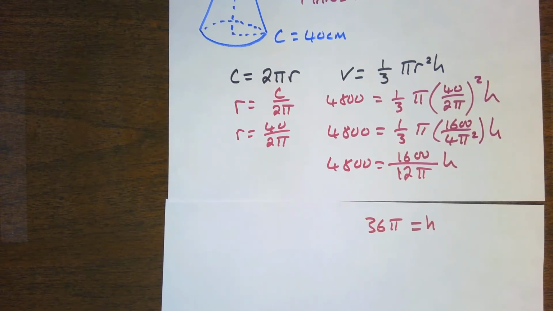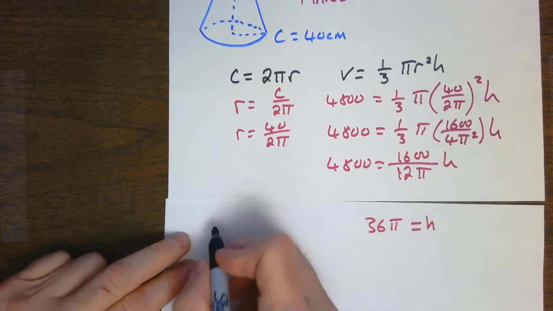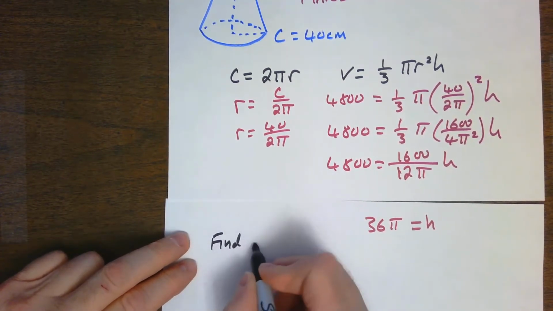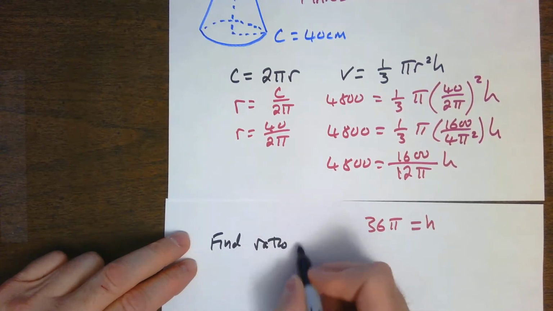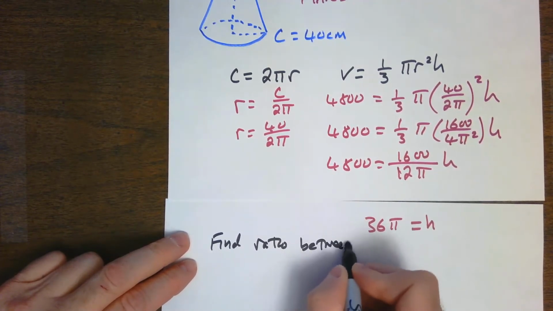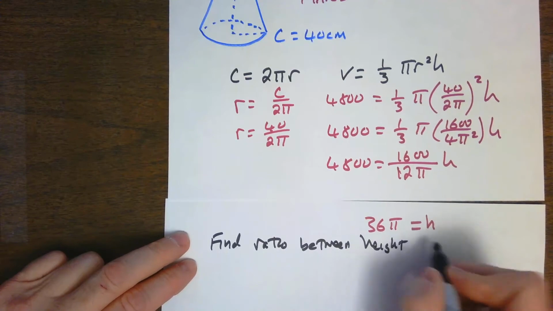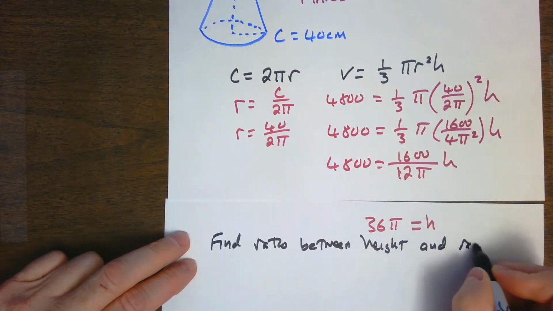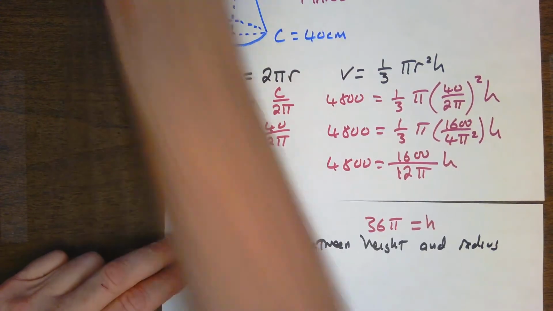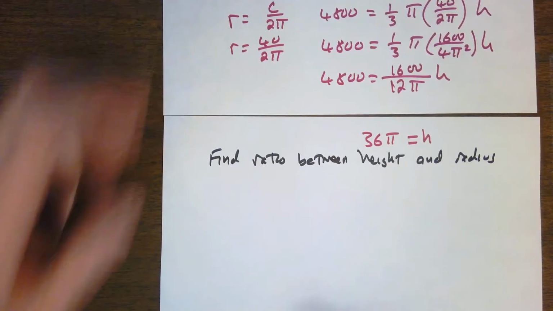All right, so the next part of this is I want to know the ratio between height and radius. Find the ratio between height and radius. Let me move that out of the way. Move things up here.